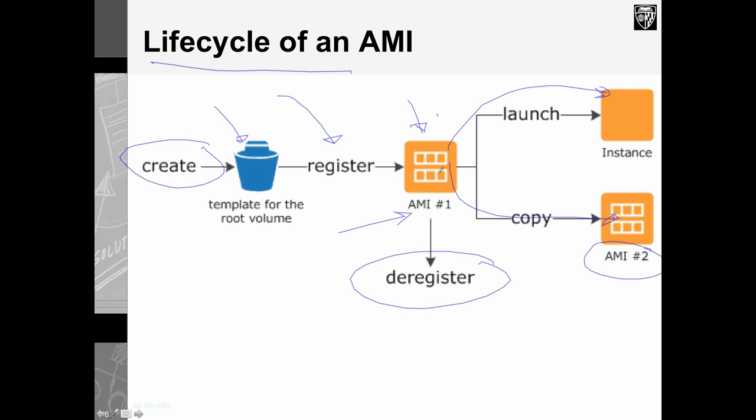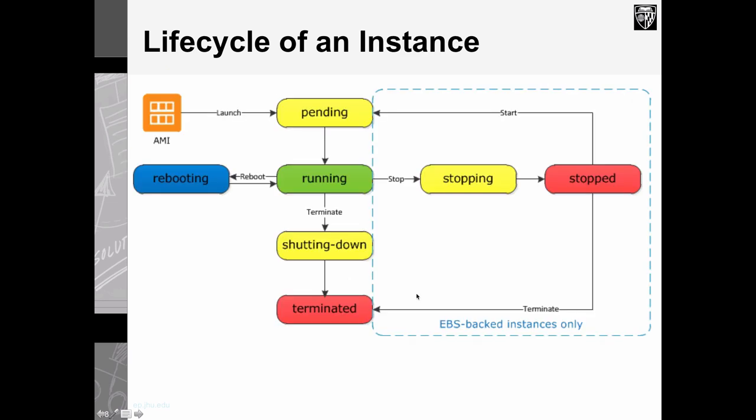When you copy it, the ID changes, but the contents are the same. It's still the operating system, the files, and the users that you created when you created this AMI. It's just that in the second region, it's known by a different ID. So that's one way to keep track of your own private AMIs.